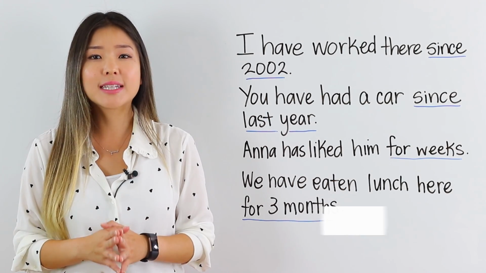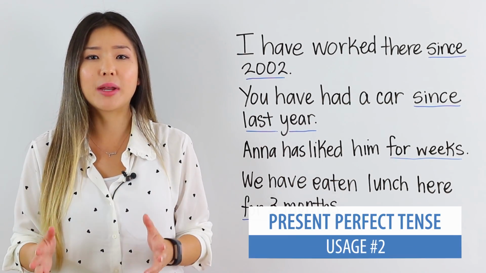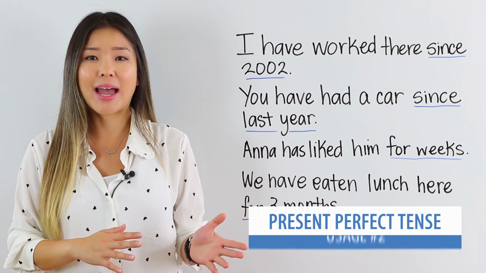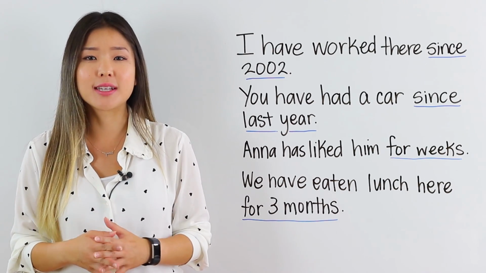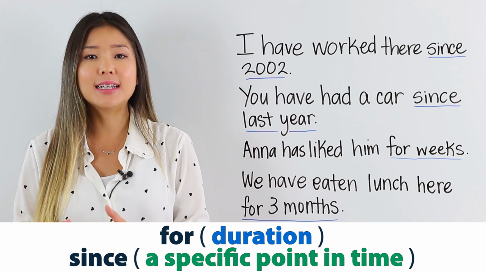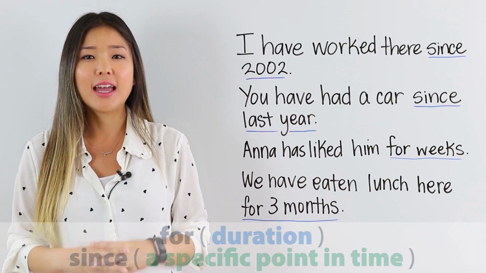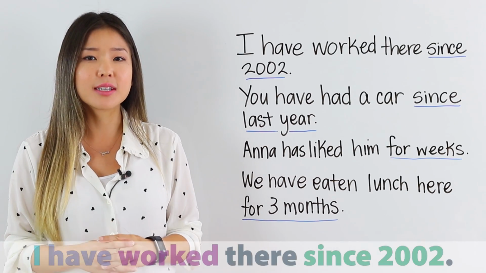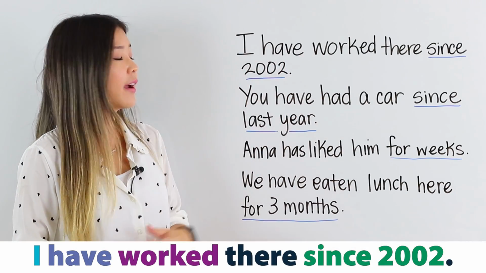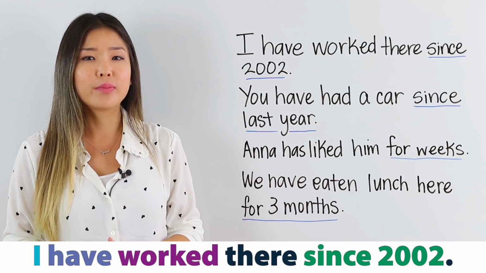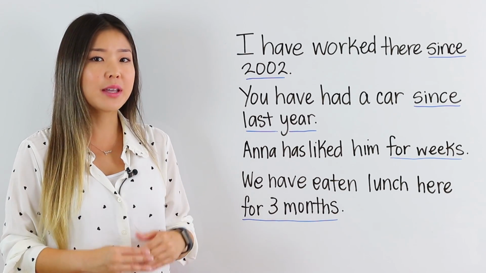The present perfect tense is also used to describe an action that started in the past and continues in the present. For and since are common expressions used with the present perfect tense. Let's take a look at these examples. I have worked there since 2002. You'll notice we start with the subject.